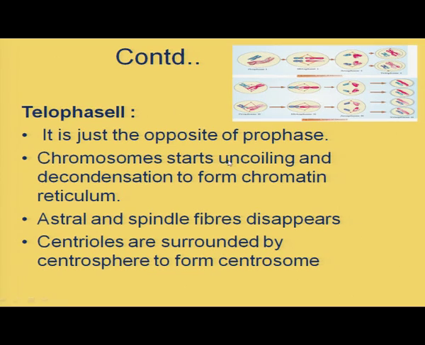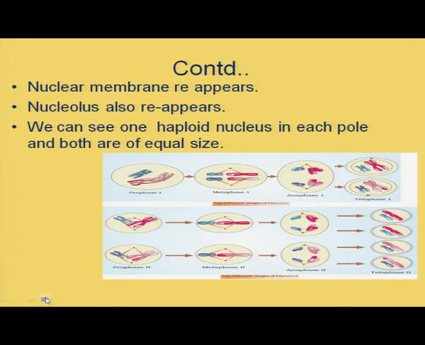Chromosomes start uncoiling and decondensing to form chromatin reticulum. Astral and spindle fibers disappear. Centrioles are surrounded by centrosphere, the clear area, and form the centrosome. Nuclear membrane reappears.